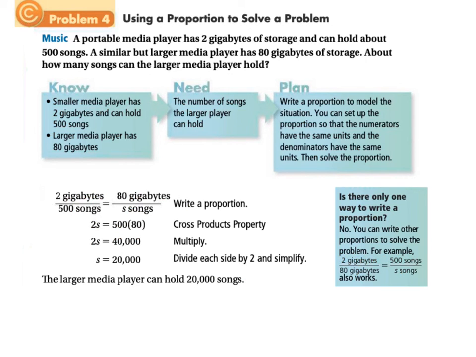Okay, and you're always going to have either gigabytes to songs like that or gigabytes to songs like that directly, never diagonally. Okay, but you could write it like that if you wanted to. The important thing to see here is that if you wrote it like this or like this, either way, you're going to be multiplying 2 times s and 500 times 80. Okay, so these will both result in the same math problem.